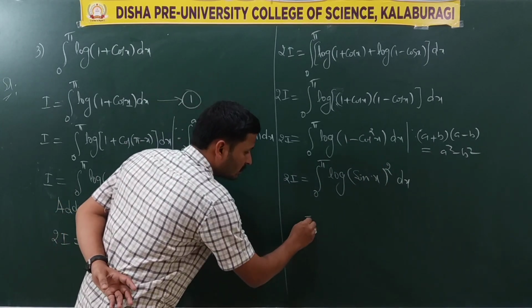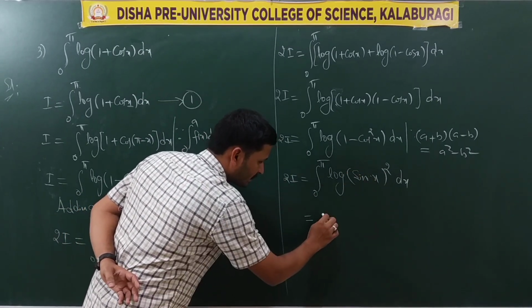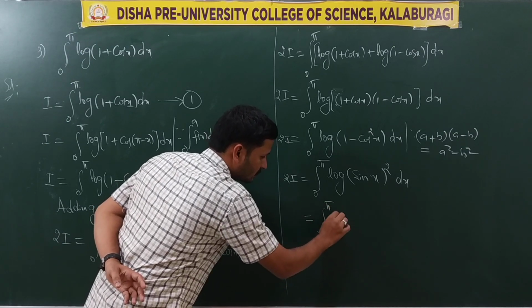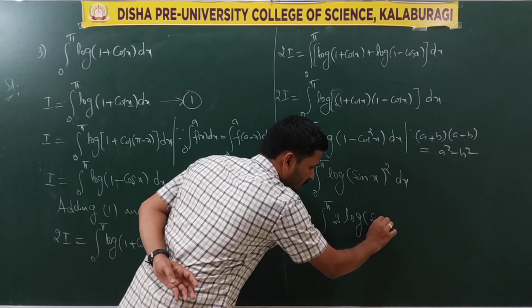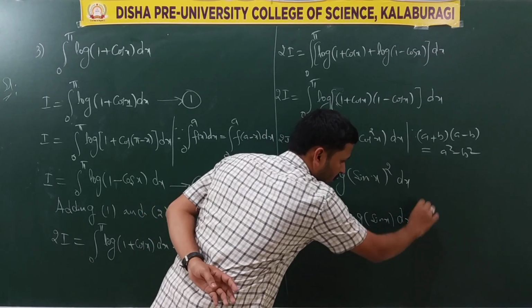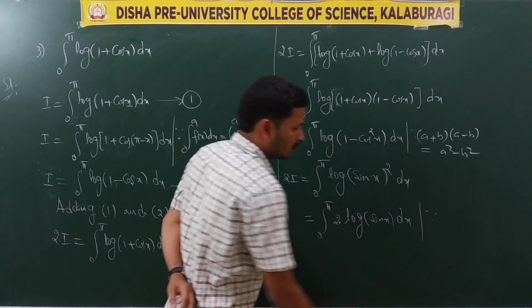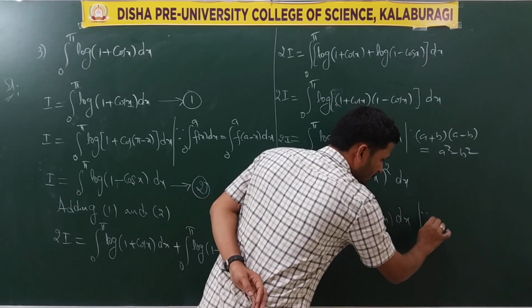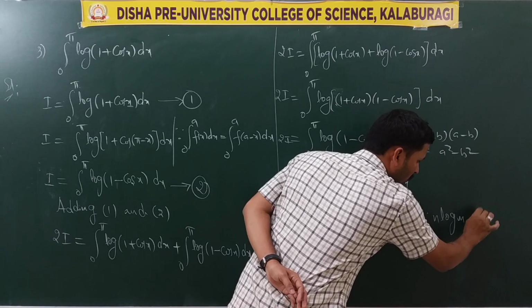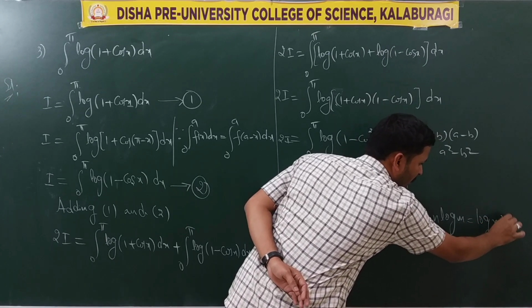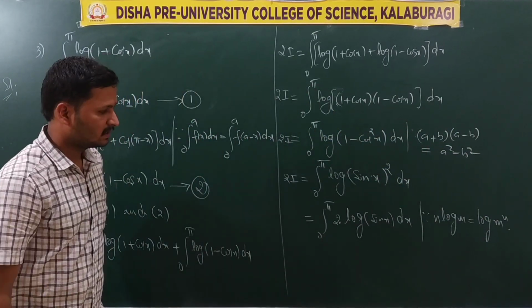So log of sin x whole square is 2 into log of sin x, dx.